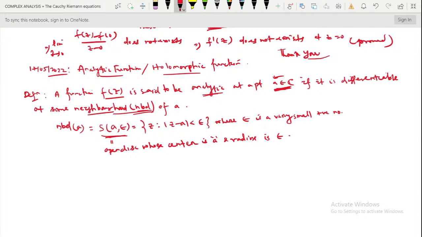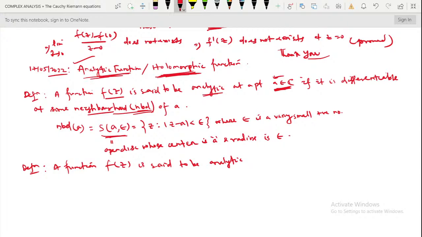So what is the definition of analyticity on a region? A function f is said to be analytic. Analytic is holomorphic; both the words are the same, these two words are synonyms, but I always use the name analytic instead of the word holomorphic.